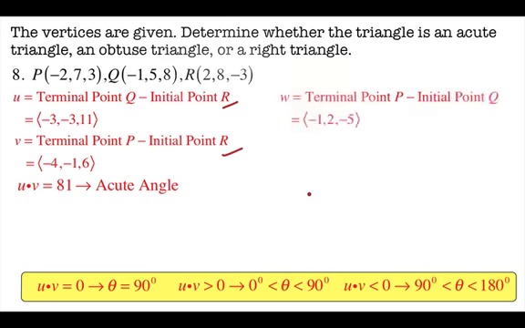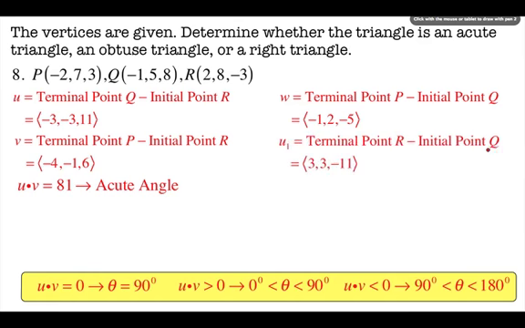Next, then I have vector W. Vector W is generated by the initial point Q and terminal point P. And once I simplify, this is what I get for the component form. Then I'm going to have to come up with the same initial point, different terminal point.